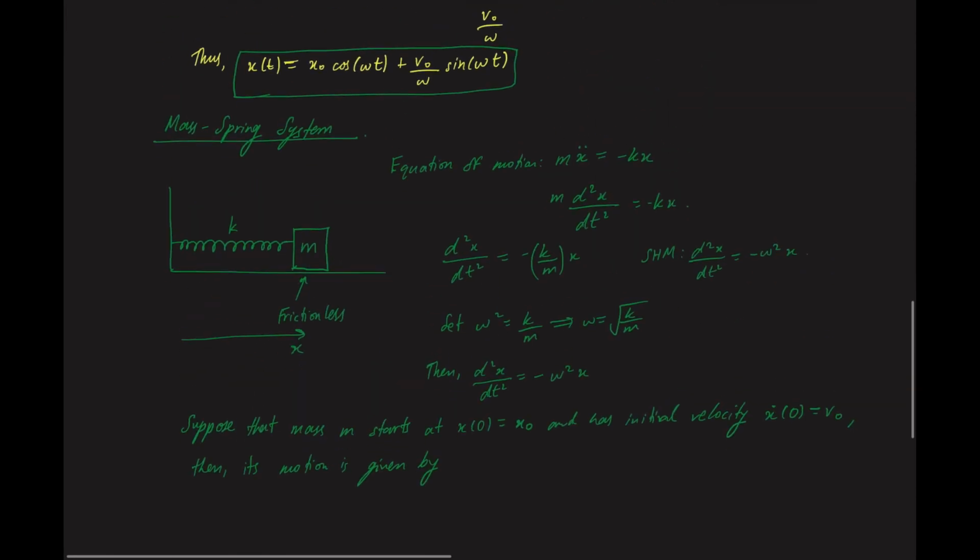So we may write x of t is equal to x naught cosine omega t plus v naught over omega sine omega t, where omega is the square root of k over m. And that describes a mass and spring system.